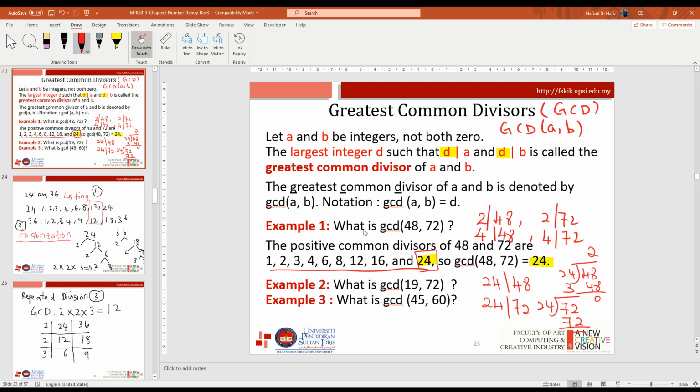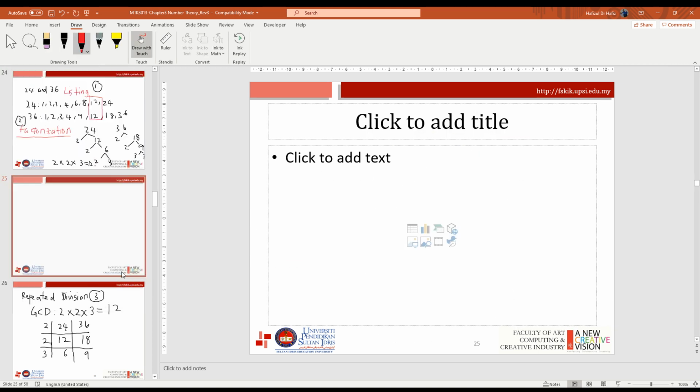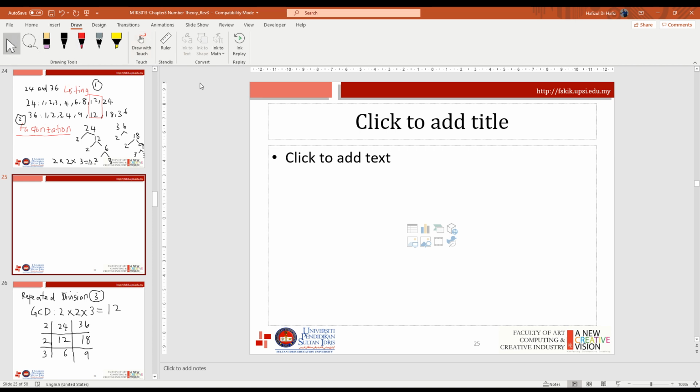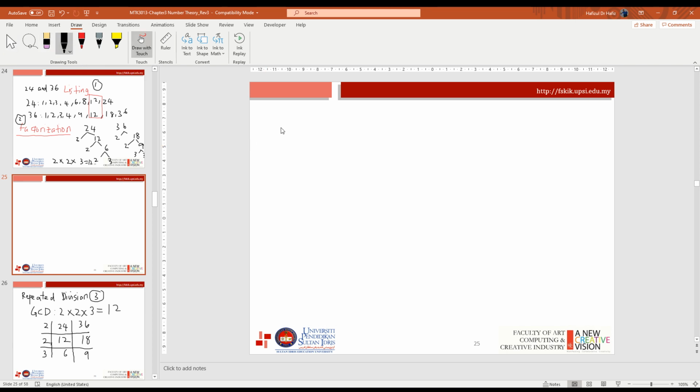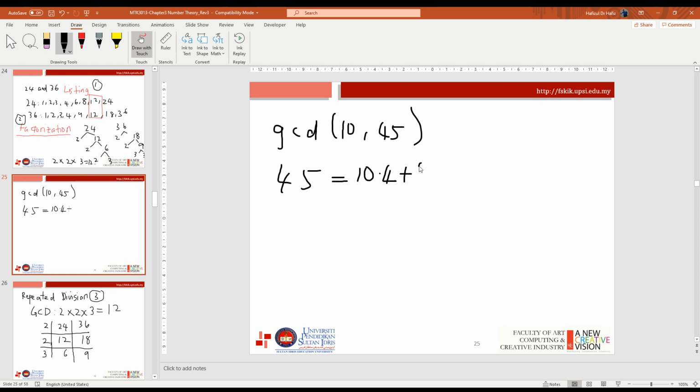Okay, for example, I give you another example. We have GCD of 10 and 45. 45 is equivalent to 10 multiplied by 4 plus 5.